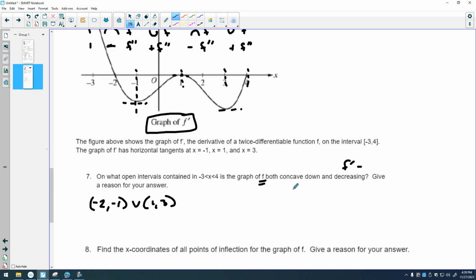You could give a reason: because f double prime is negative and f prime is negative at those places. In words, f double prime and f prime are both negative.